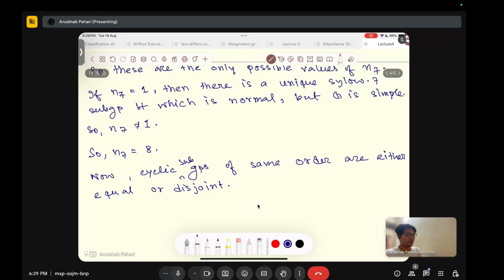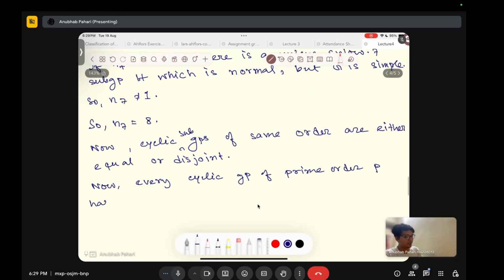So now every cyclic group of prime order p has p minus 1 generators.